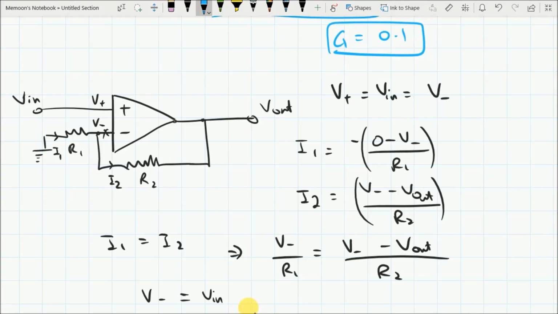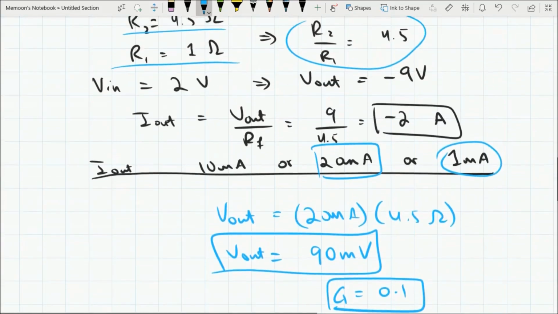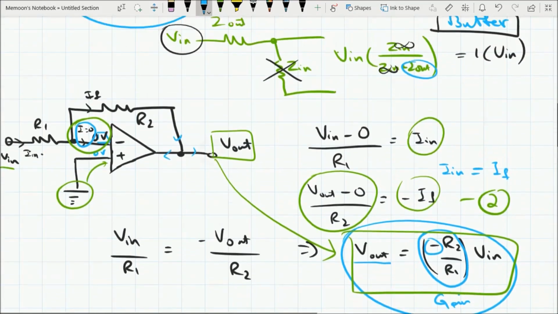So this operational amplifier will not act as a load on this V in, because it is directly connected to the input. But in the case of an inverting amplifier, this V in is connected to the negative terminal of the operational amplifier through this resistor R1.